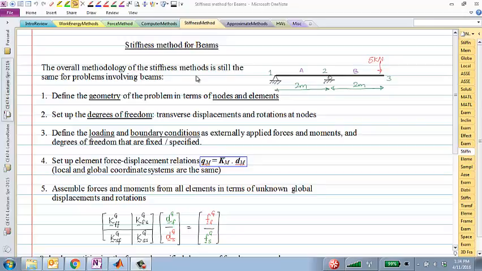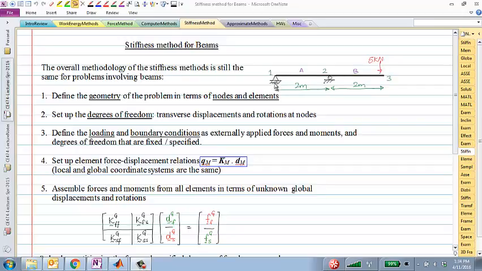So, as I said, last time we started this topic on stiffness method for beam problems. And I told you that beam problems are basically problems where we have some sort of a beam, which usually we take the horizontal direction as the orientation. Could have multiple different types of loads, multiple different types of support conditions.